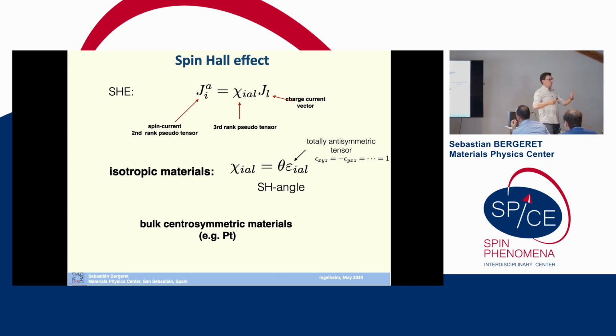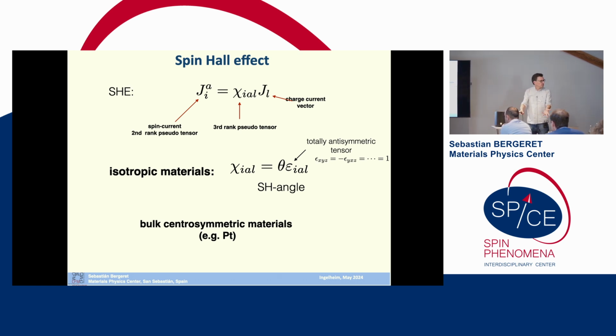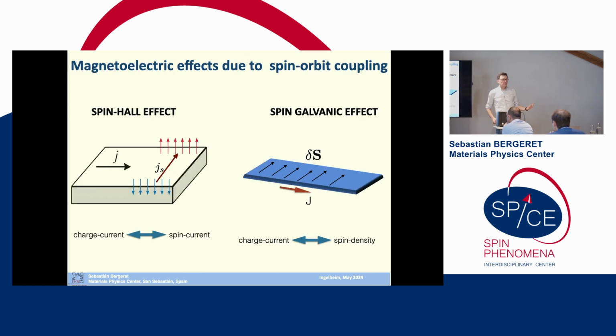For example, for an isotropic, centrosymmetric material, we can write the totally antisymmetric tensor, epsilon ij, you probably know from the studies of x, y, z, if you change two indices, it changes the sign. So it means that the spin Hall effect is something that you will find in almost every material if you can couple spin-orbit coupling, sizable, no? Platinum, for example.